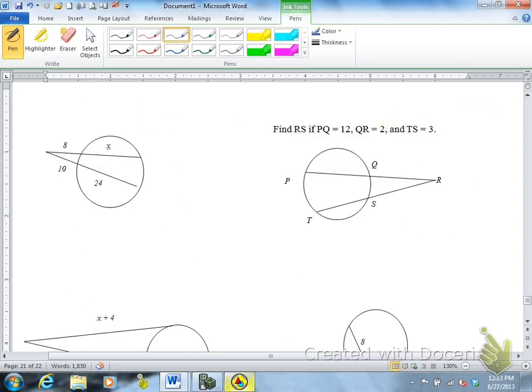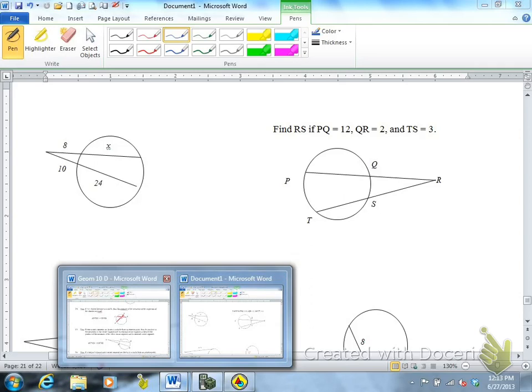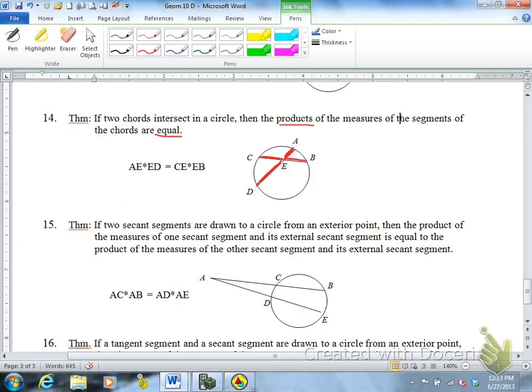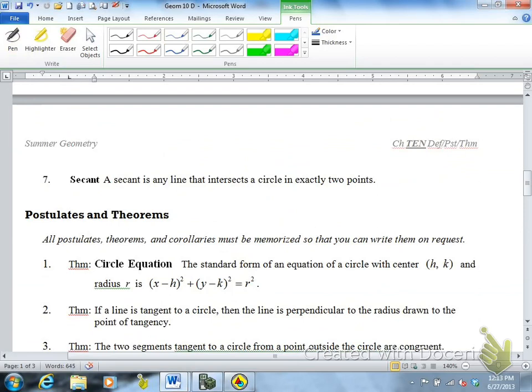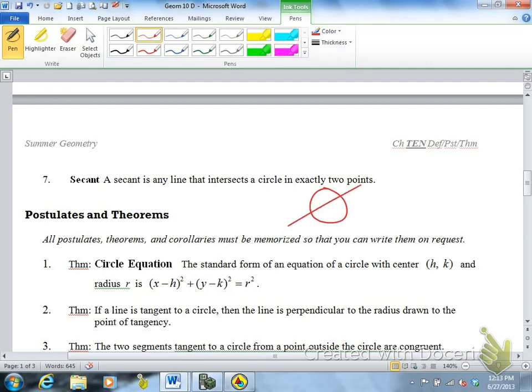The next theorem deals with 2 secant segments. Way back here in the definitions, secant line: a secant is any line that intersects a circle in exactly 2 points. So if here's a circle, that line is a secant line. It intersects the circle at 2 places.